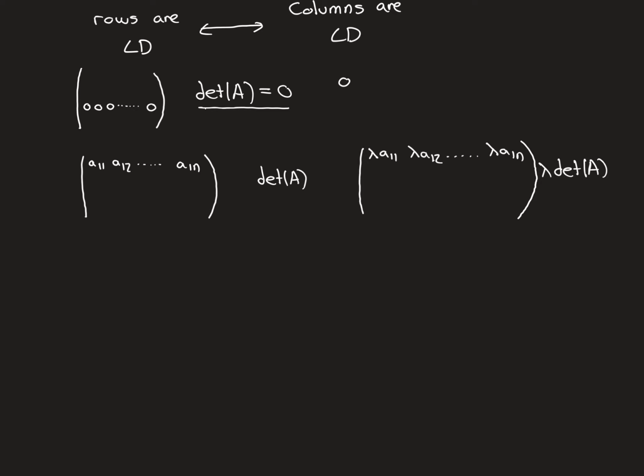If we were to do the Laplace expansion using this row, then we'd get lambda A11 times the determinant of its reduced matrix. But that reduced matrix here is exactly the same as the reduced matrix over here.